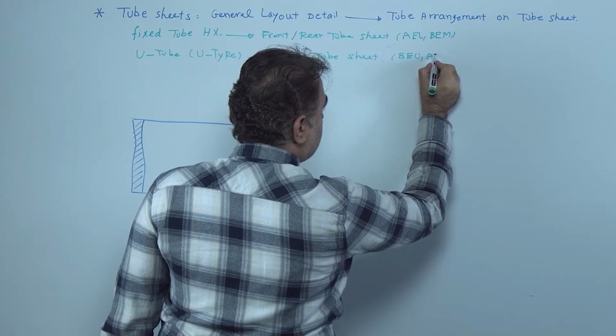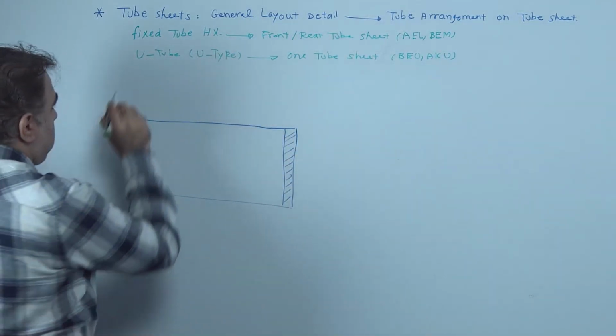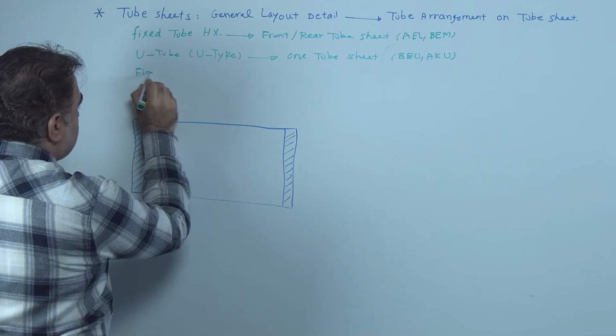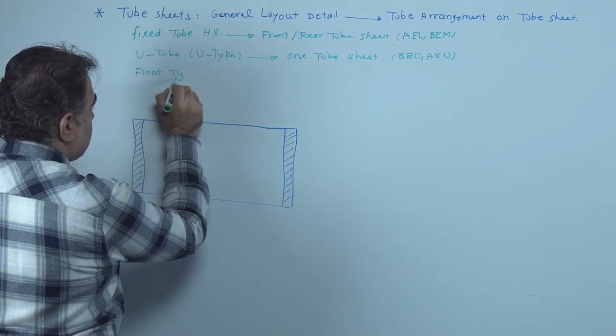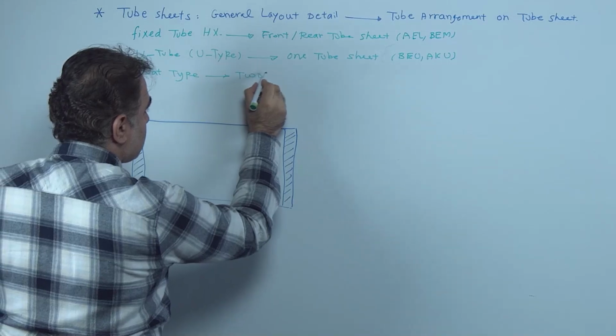and AKU. The K is kettle type heat exchanger. A floating head heat exchanger has two tube sheets.